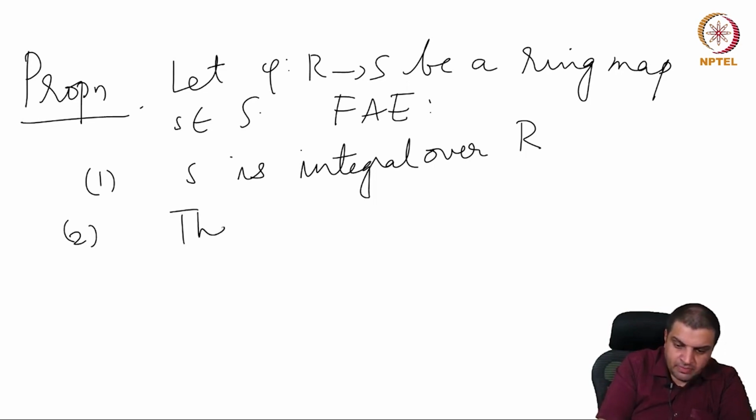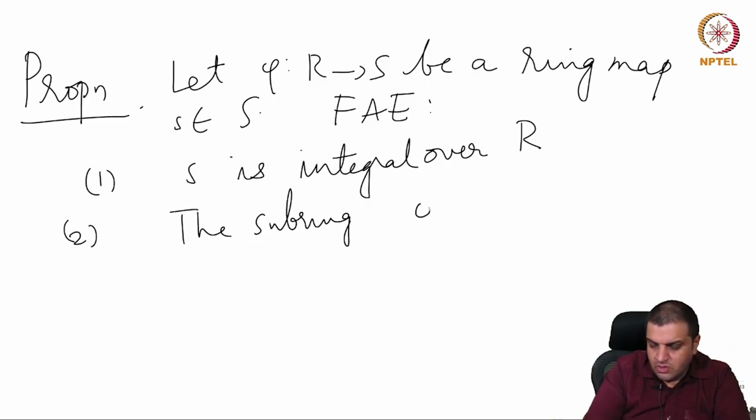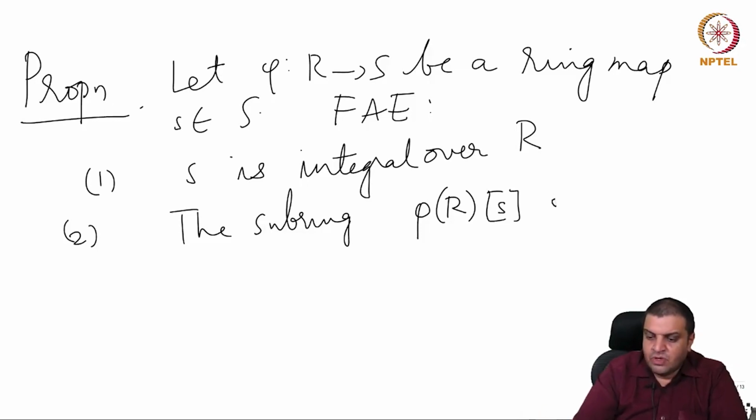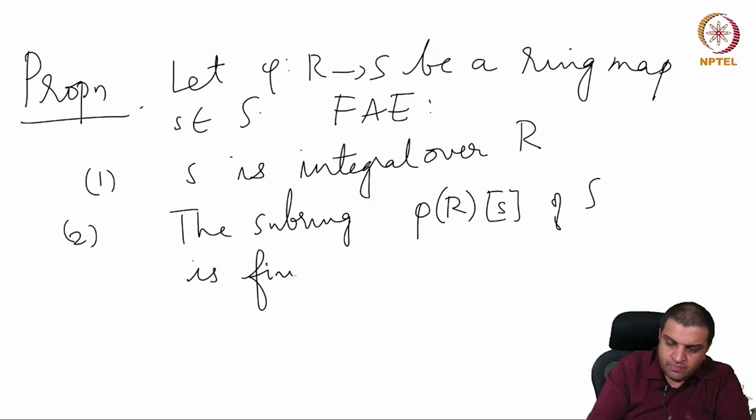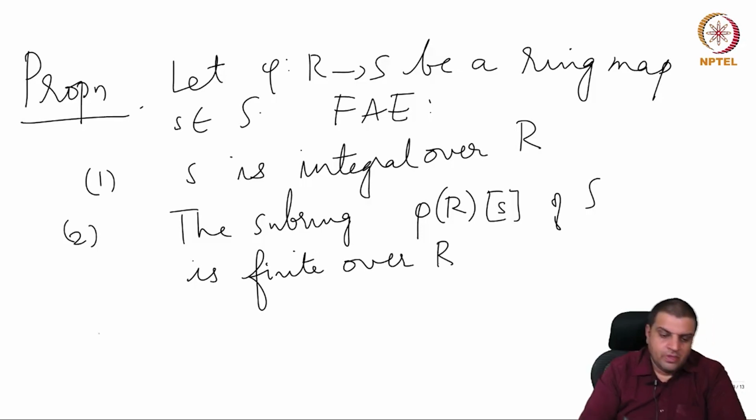The subring which is generated by the image of R inside S and little s of S is finite over R. And 3.